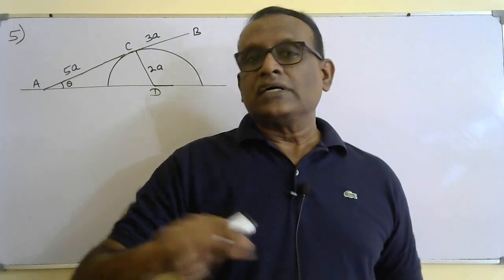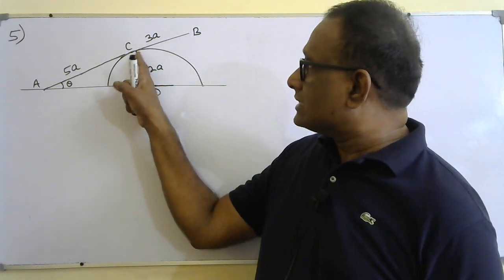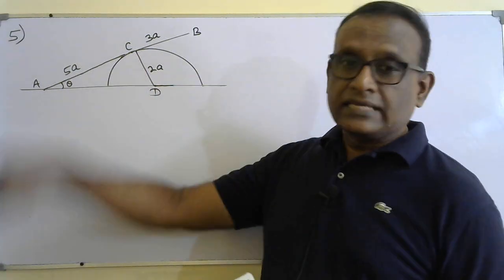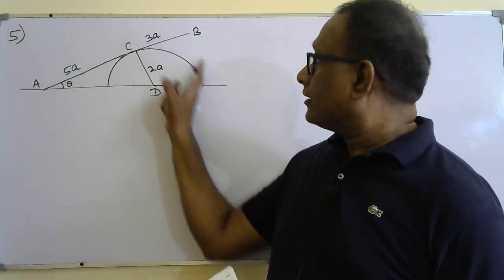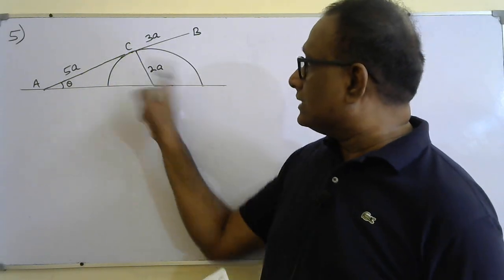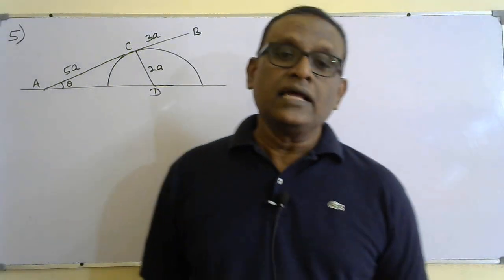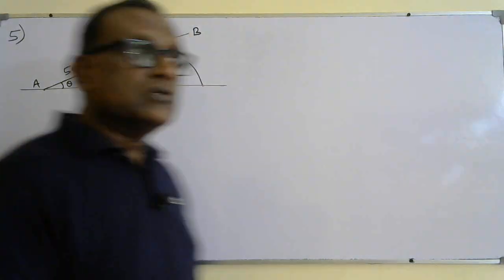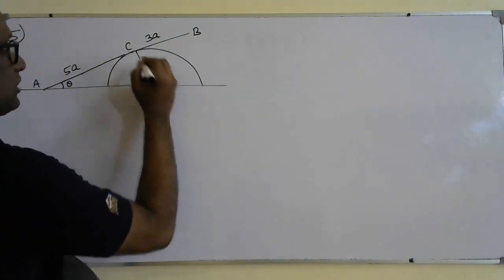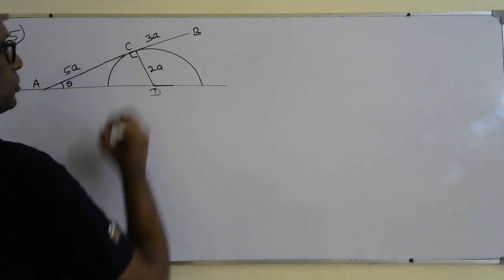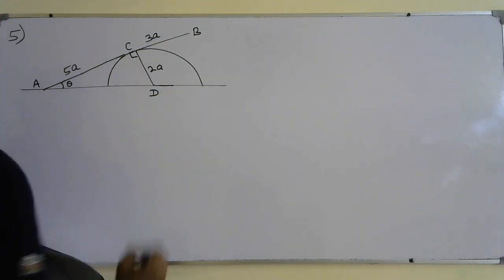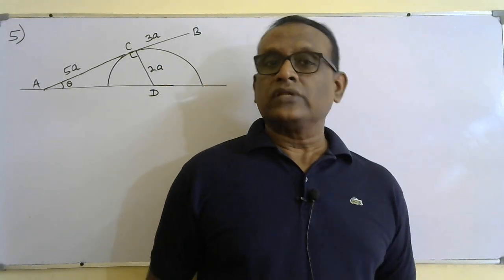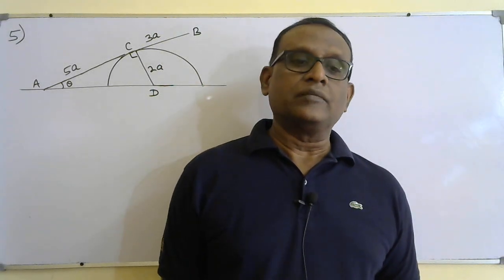So whenever a rod or something touches the surface of the hemisphere or sphere, when you draw it in two dimensions, it will be a circle. So AB is a tangent to the half circle. If it is tangent, when you draw a line from the center to the tangent, that will make 90 degrees. A radius will be perpendicular to the tangent drawn to a circle. So that will be 90 degrees.